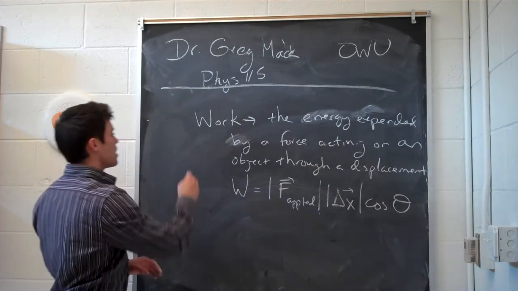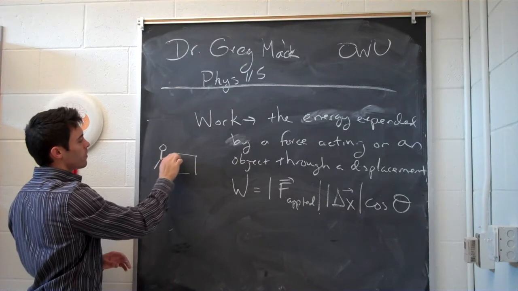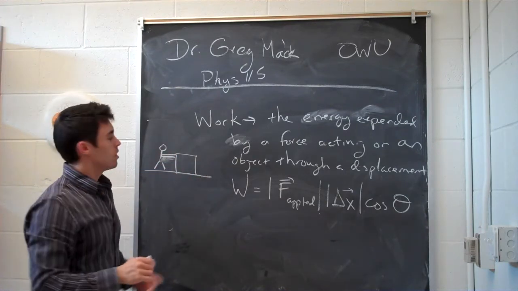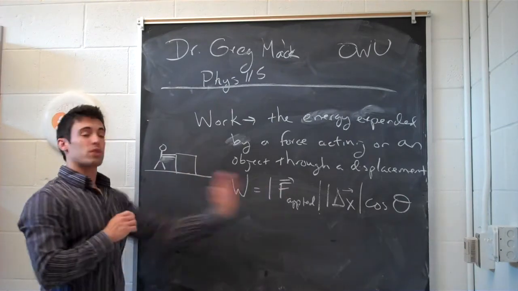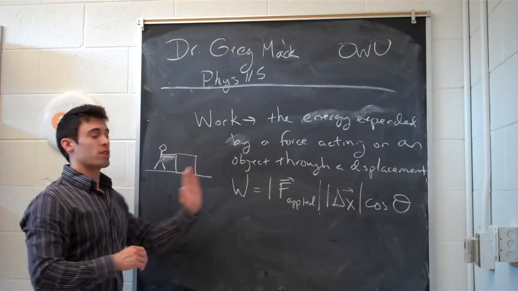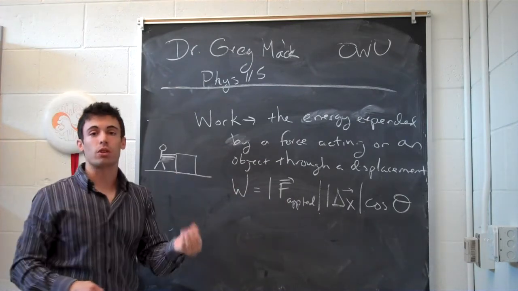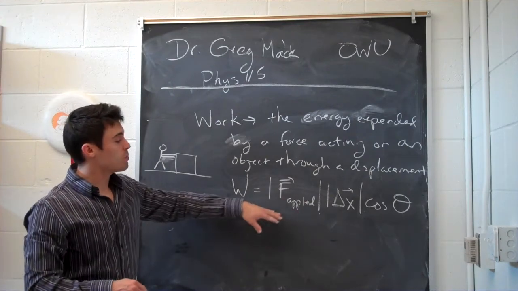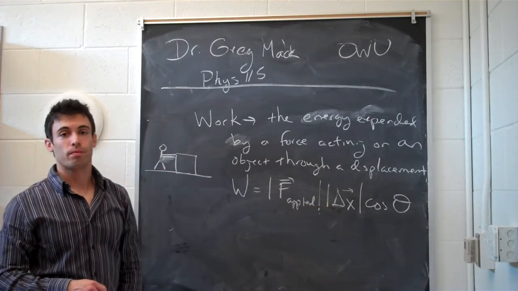So in that same idea with the box, if I am pushing this box to the right, I have some force I'm pushing it with. I'm going to be pushing it through some delta x, from some starting point to some finishing point, and the angle between my force and the direction is 0 degrees. So that cosine of 0 is positive 1, so my work would just be the applied force times the displacement.